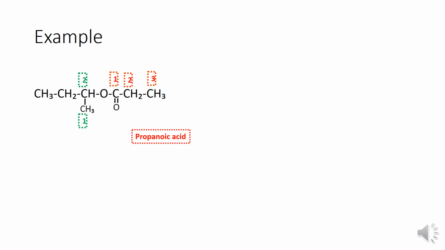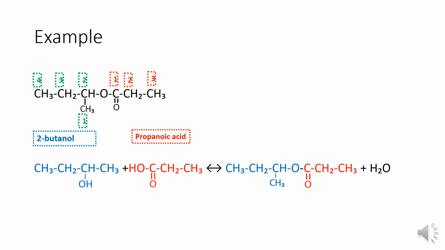So it is 1, 2, 3, 4, and it is 2-butanol. Therefore, the reaction is 2-butanol plus propanoic acid to give water and ester. How to name this ester?